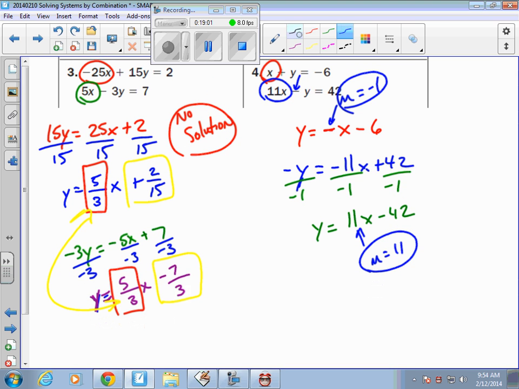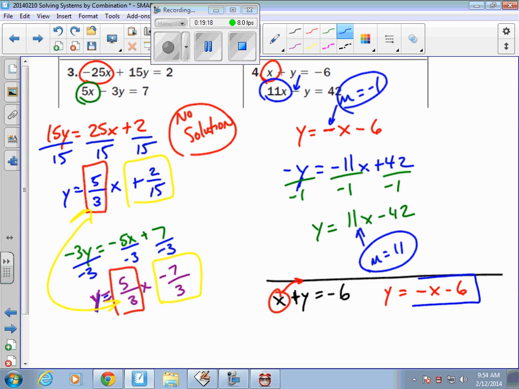Believe it or not, this one actually lends itself better for the substitution method because x plus y equals negative 6 can be easily rewritten if you move x over like we did a second ago as y equals negative x minus 6. You can take that value, negative x minus 6, and you could plug it into the other equation.